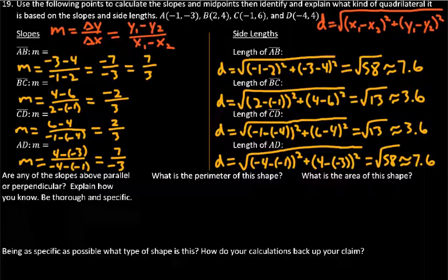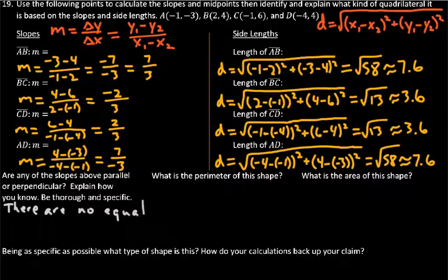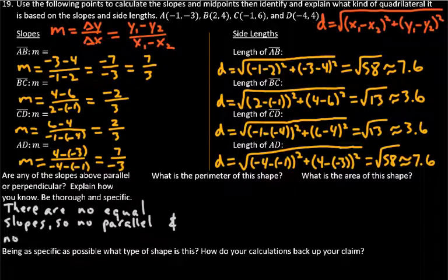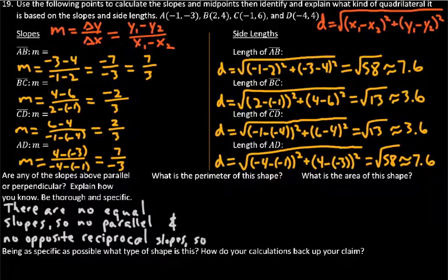We can say there are no equal slopes, so no parallel, and no opposite reciprocal slopes, so no perpendicular.